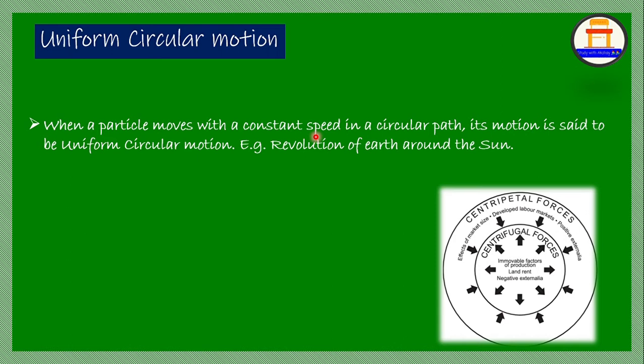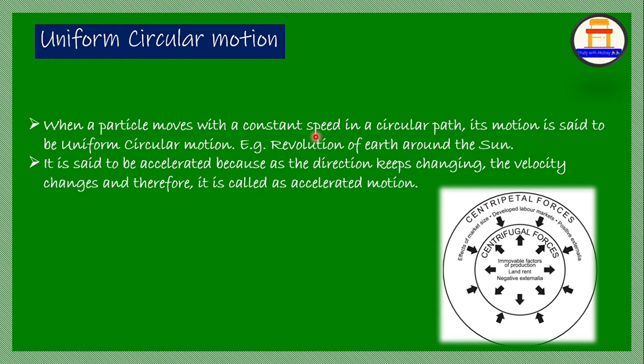If we remember the example, it is easy for us to write the definition. And the definition expected for ICSE will be word to word. As I have told in all the videos till now, the keywords over here are constant speed and circular path. If these two words are there, you will get the complete marks allotted for the question.